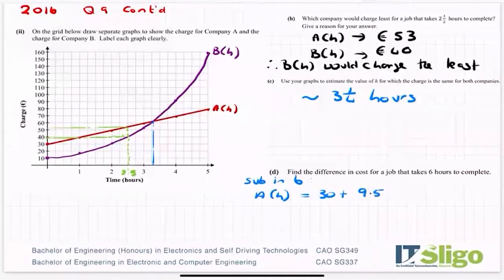So we're going to go 9.5 times 6, and put that into my calculator. To take it back off that table mode, you hit mode, setup again, and you press 1, which is computation. Again, menu setup on ClassWiz, and you press number 1, and that takes it out of that functions mode. So 30 plus 9.5 times 6, and I'm getting 87.